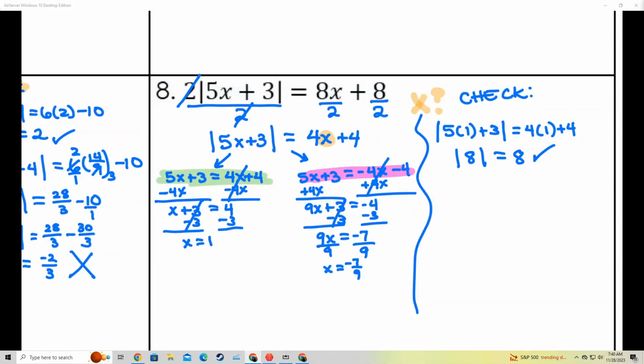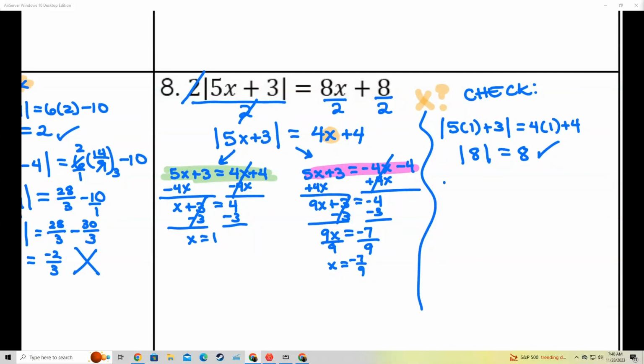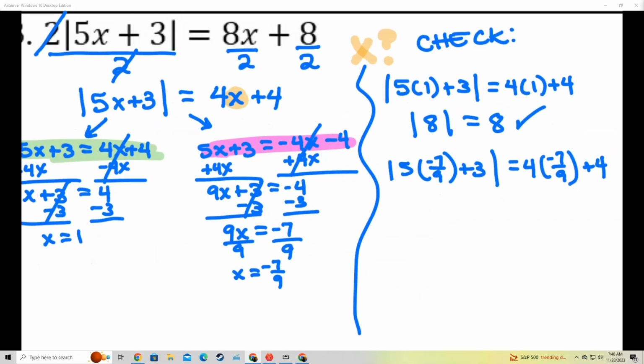Let's check my second one. My second answer is negative 7 over 9, and I'm going to plug it in here. So let's see. I got the absolute value of 5 times negative 7 over 9 plus 3 is equal to 4 times negative 7 over 9 plus 4.